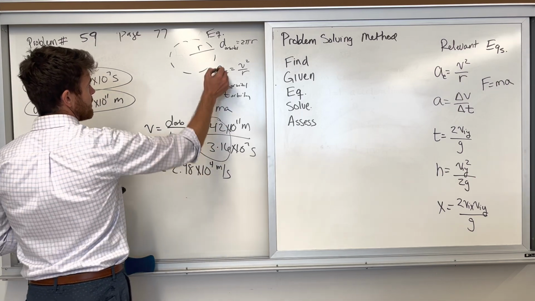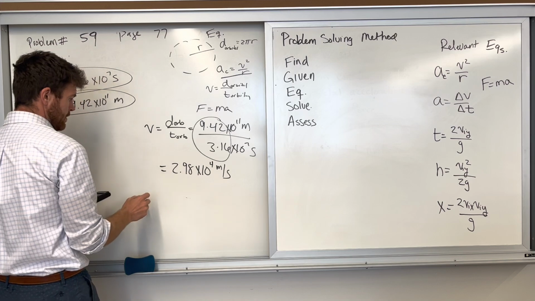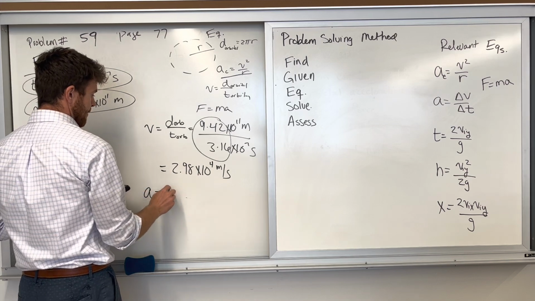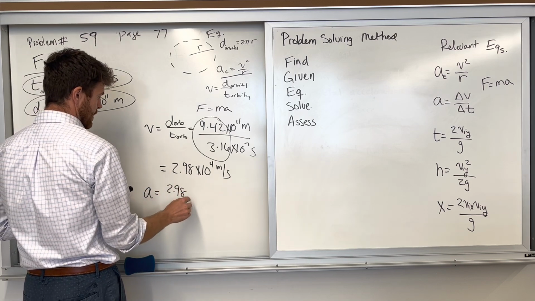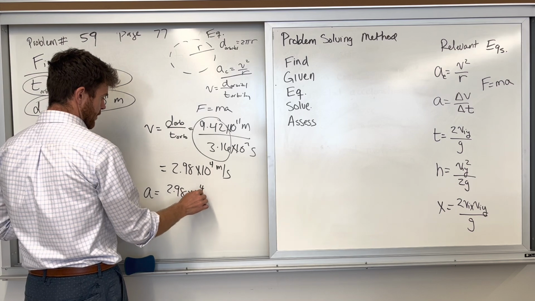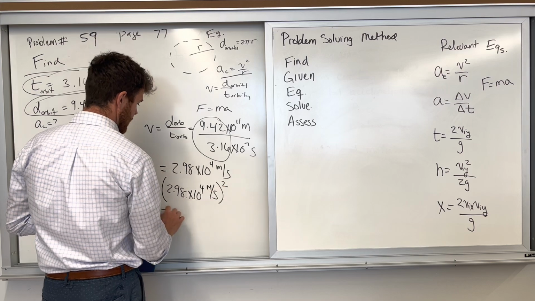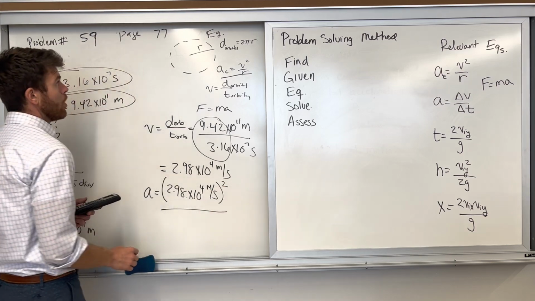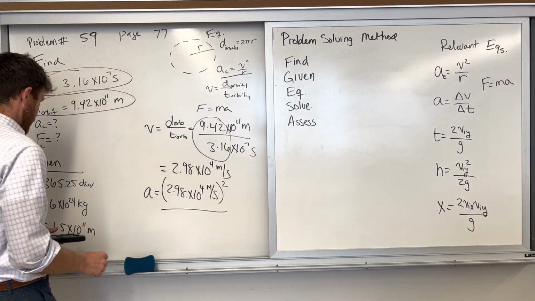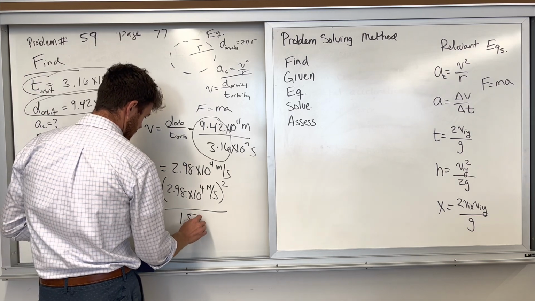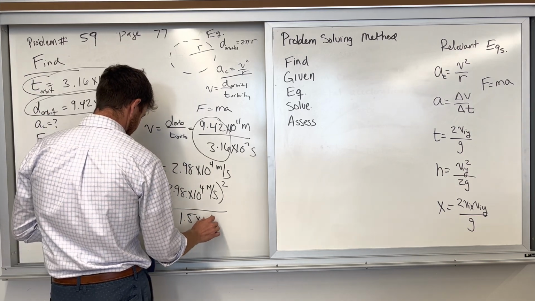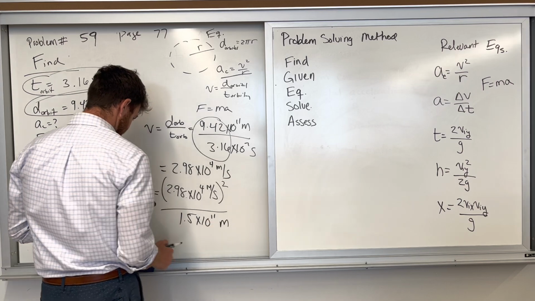So now we can use that to find the centripetal acceleration. 2.98 times 10 to the 4th meters per second, squared, divided by our orbital radius, 1.5 times 10 to the 11th meters.